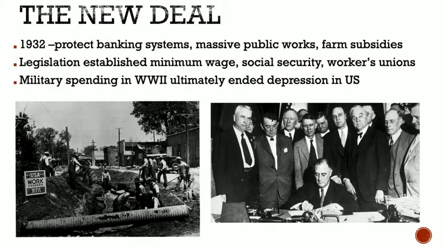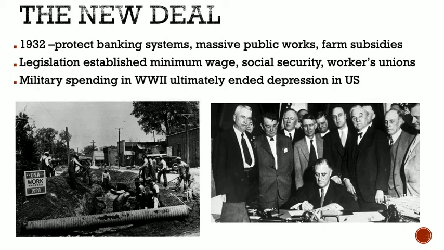So in 1932, President Franklin Roosevelt passes the New Deal. They protect the banking system with laws, and they establish insurance for banks. They spent money on massive public works. This is when they begin to build a lot of the country's highway system, replacing old sewage and piping systems, the electrical grid. You see farm subsidies.